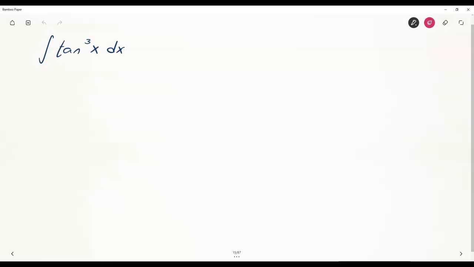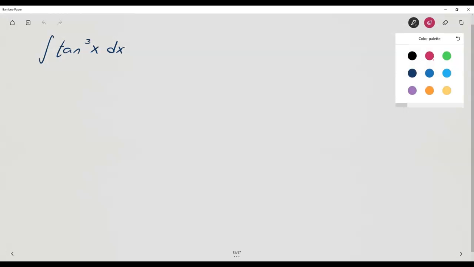Now you might be saying, there's no secant here. That's okay. Right now, I see that I have an odd power of tangent. This is the same as if I did this. Do you agree?